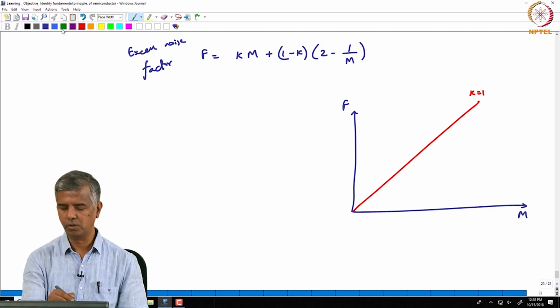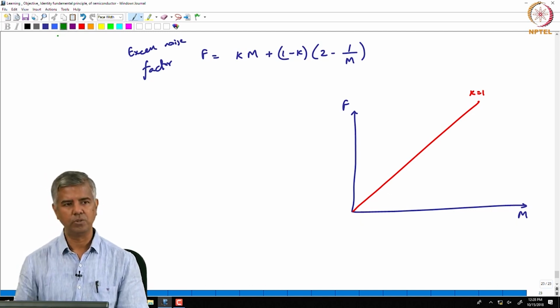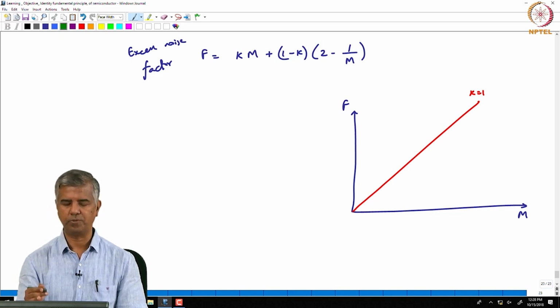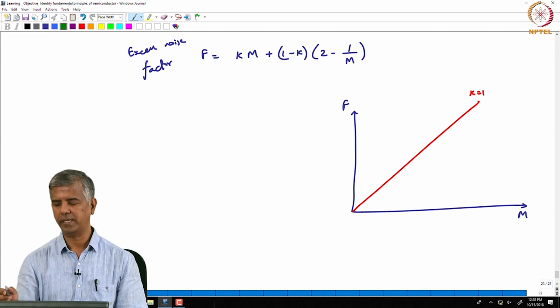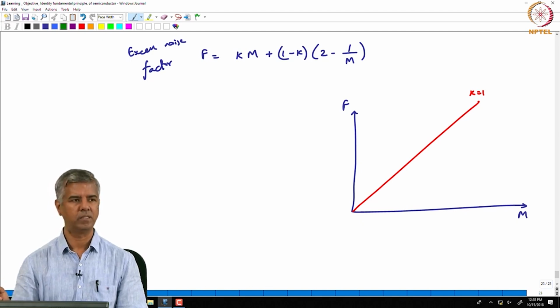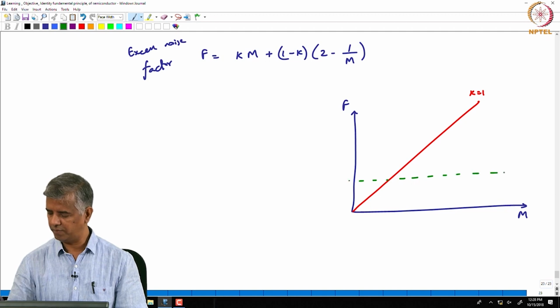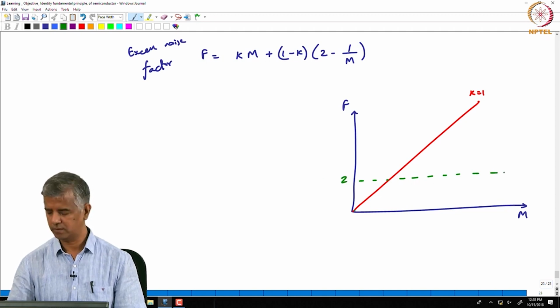Whereas, if you look at k equal to 0, the first factor goes away, the second factor becomes 2 minus 1 over M, and that is just something that is asymptotic with a value of 2 over here.